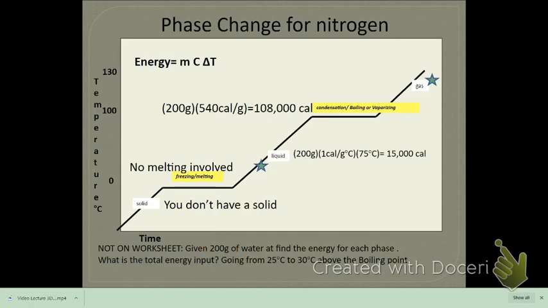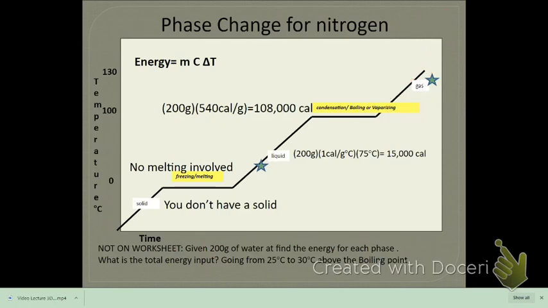And then finally, I have to find out how much heat is going to go into heating up this gas to 130 degrees, or 30 degrees higher than the boiling point. Again, I have a temperature rise. I have a heat energy rise. I know the mass. I can get the specific heat of water as a gas. And I can figure out my delta T, which they give you, because they say it is 30 degrees.